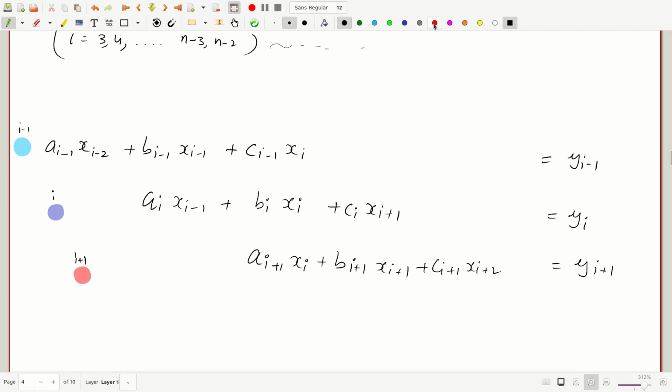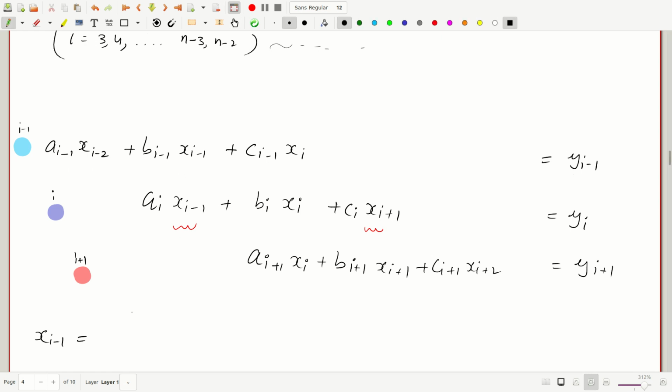Then we substitute xi minus 1 and xi plus 1 back into the ith equation. So let us start off with the i minus 1th equation. What will be the equation for xi minus 1? xi minus 1 will be equal to 1 upon bi minus 1, times yi minus 1 minus ci minus 1 xi, minus ai minus 1 xi minus 2.